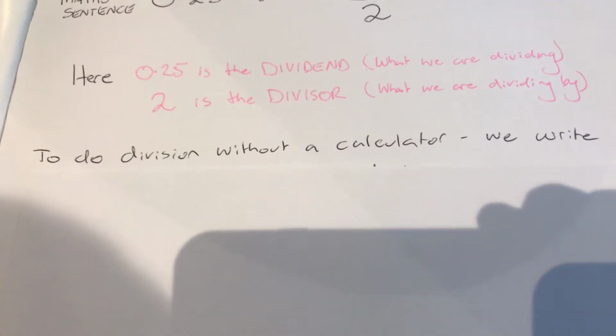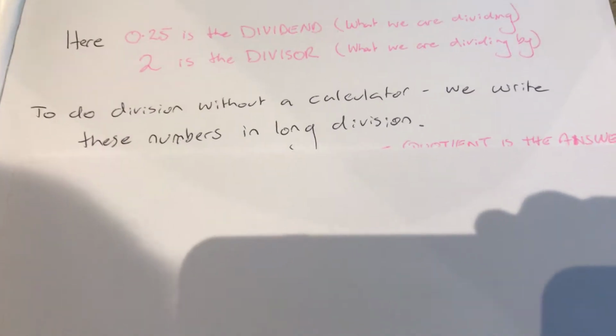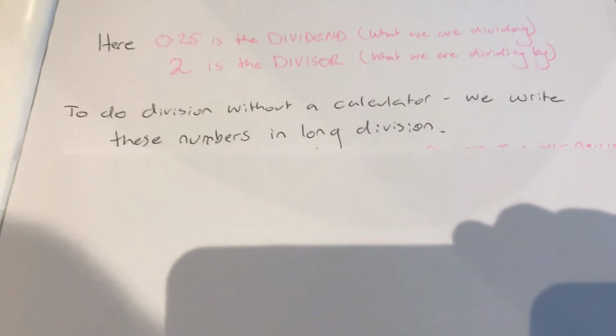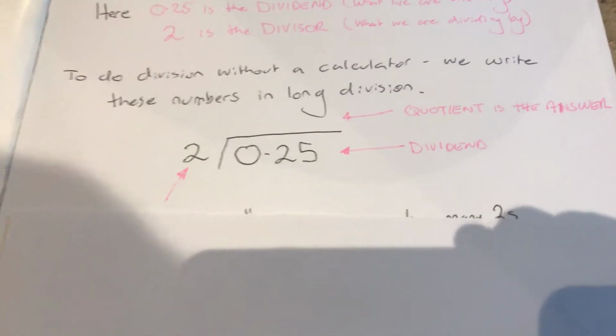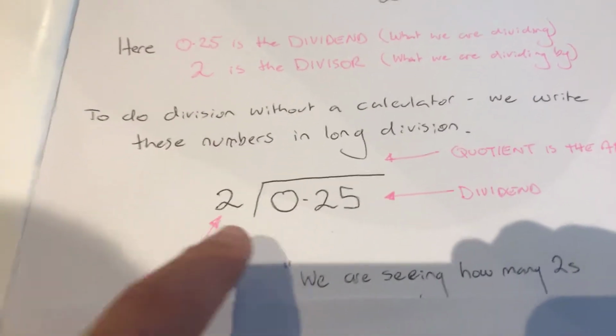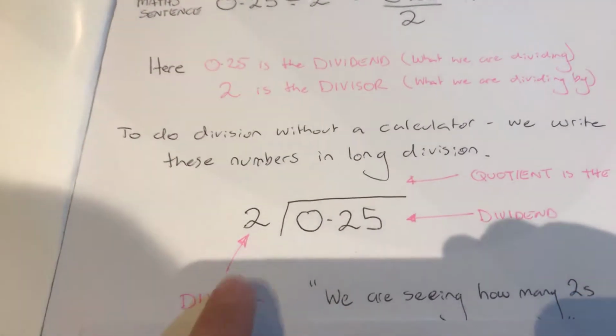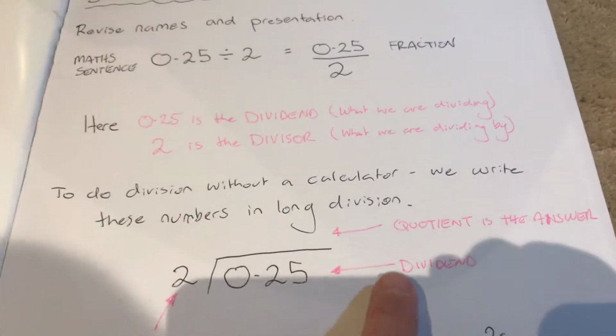To do division without a calculator, we write these numbers in long division, and you would have done this in previous years. So we've got 0.25, our dividend, 2 our divisor, and the answer which goes up in here is called the quotient.